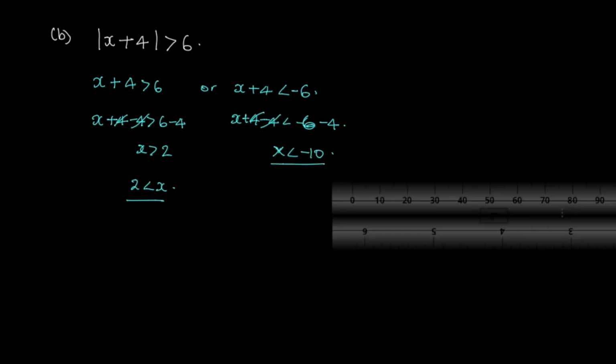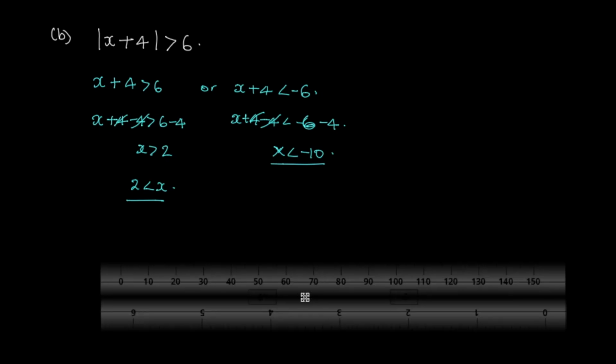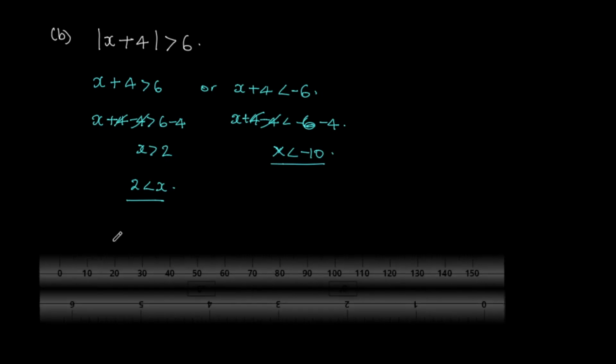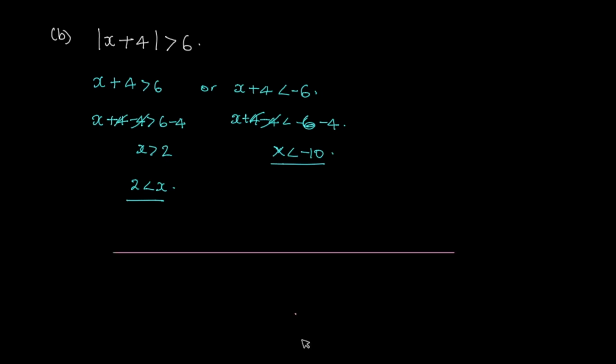So let's pick our ruler and we draw the number line. So let me have my 0 somewhere here, because negative 10 would be somewhere far from 0 as compared to positive 2, which would be somewhere here.